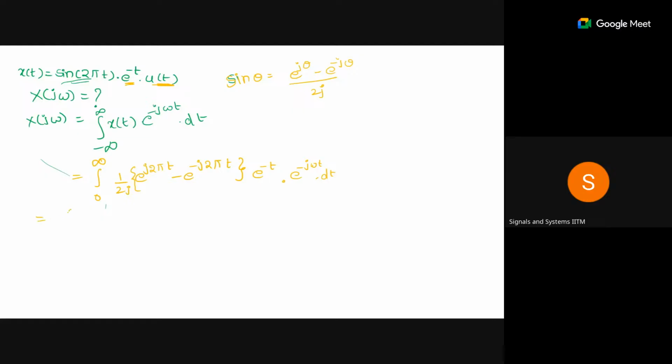So it will be the integral from 0 to infinity of 1 by 2j, which I am taking as common. Here for the powers of e, it will be e power j 2 pi t minus t minus j omega t, minus e power minus j 2 pi t minus t minus j omega t.